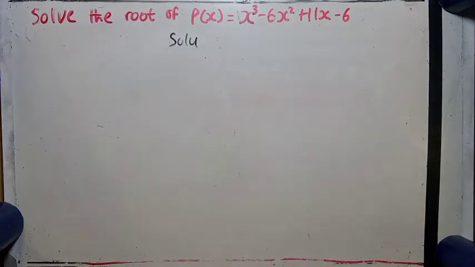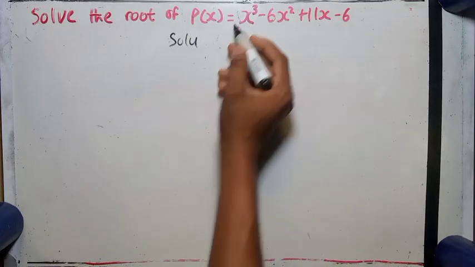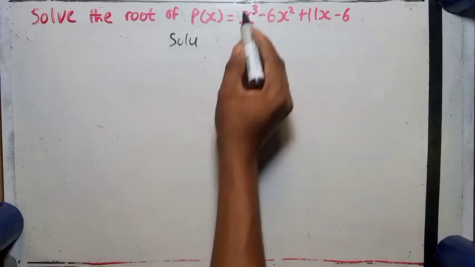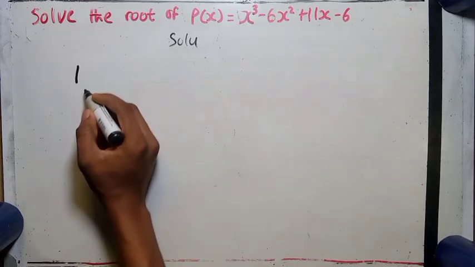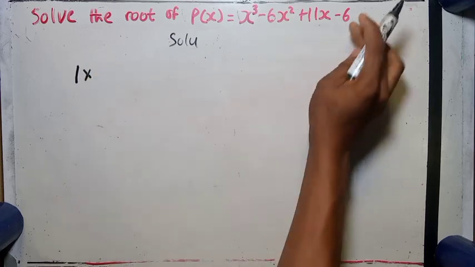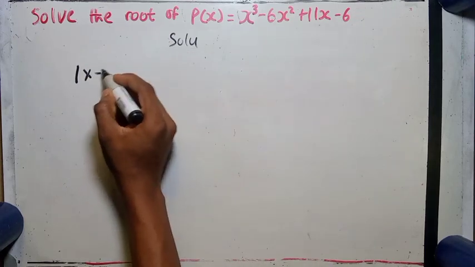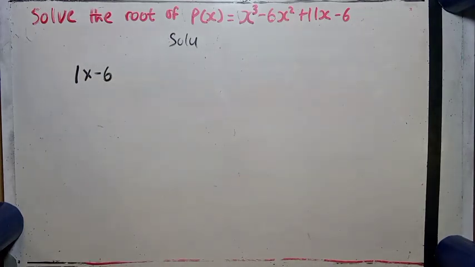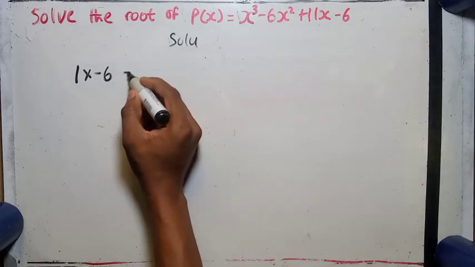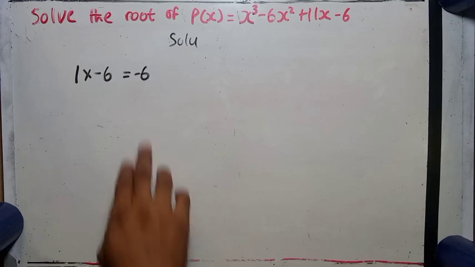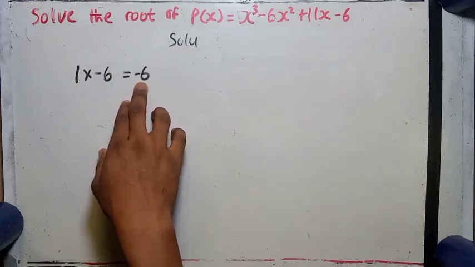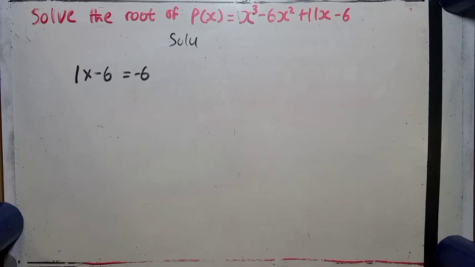We're going to be multiplying the two of them. So our coefficient is going to be 1, and we'll multiply it by our constant, which is minus 6. Definitely this will give us minus 6. So whatever the root is going to be, is definitely going to be a factor of minus 6.